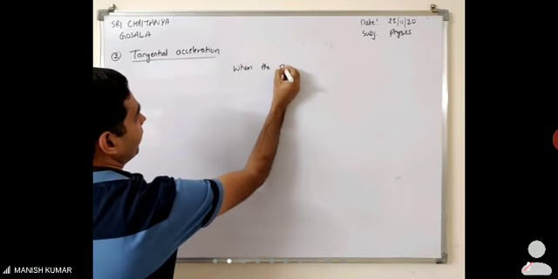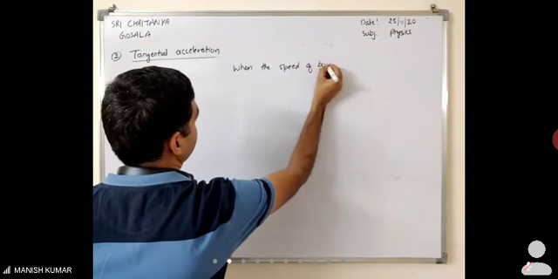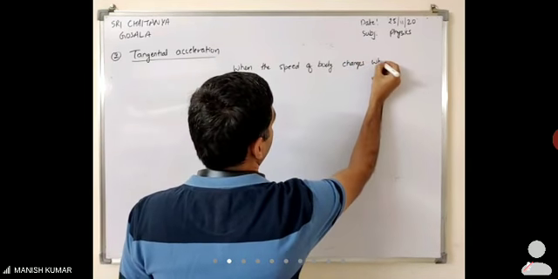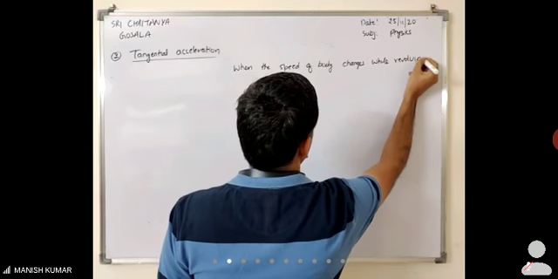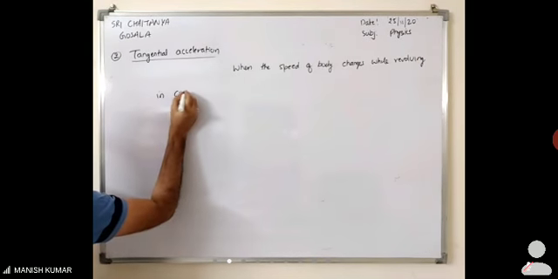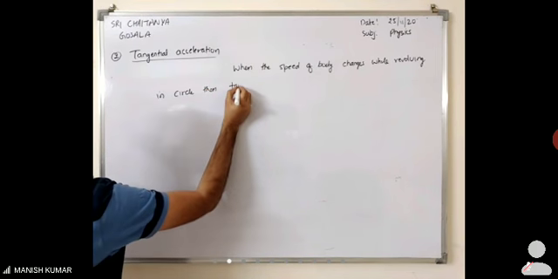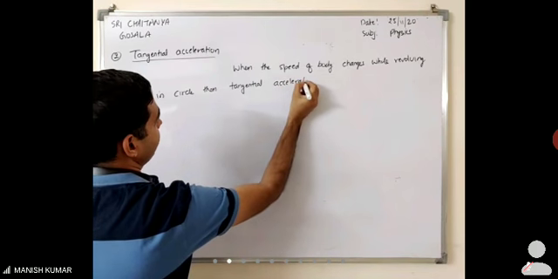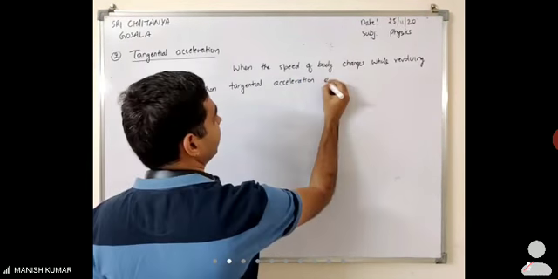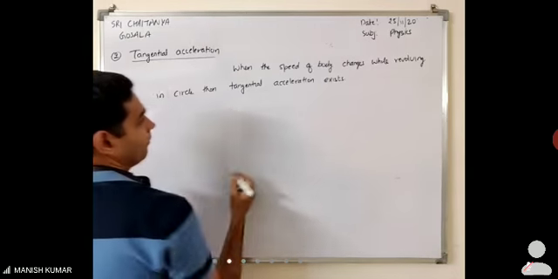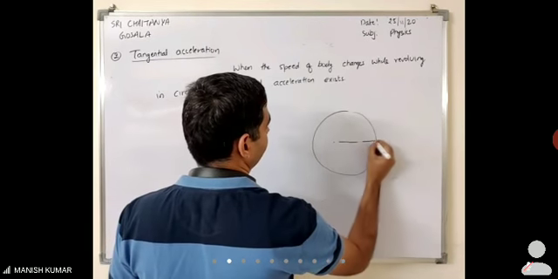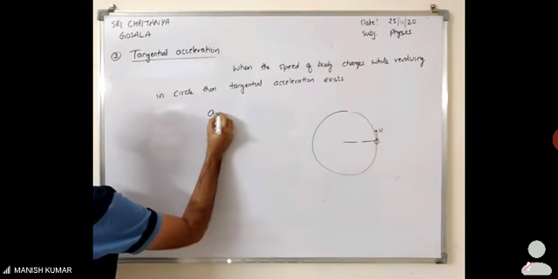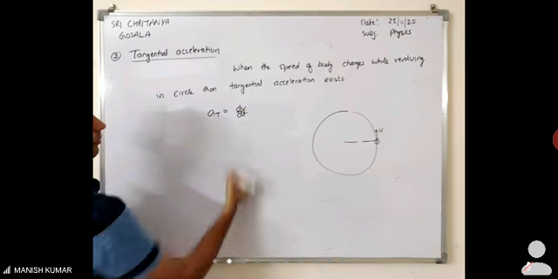When the speed of a body changes while revolving in a circle, then tangential acceleration exists. For example, if the speed is v, tangential acceleration is nothing but the rate of change of speed.